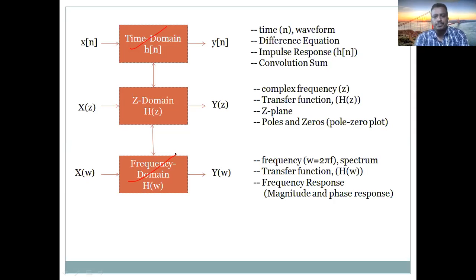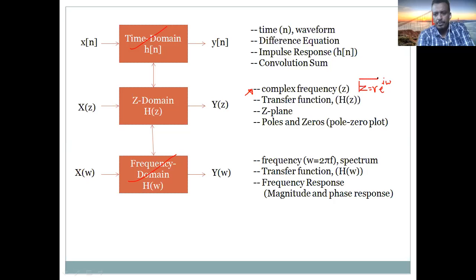So here, the input signal X of Z and output signal Y of Z are represented as a function of a variable called Z. Z is a complex frequency variable which contains R, the magnitude, and e raised to j omega, where omega is the phase.